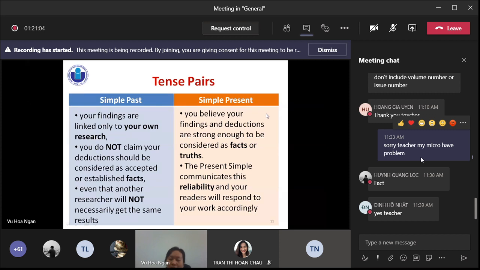and it is coincidentally the same as other papers, then you commit plagiarism. Does that make sense to you? So if you only use simple present tense in your writing, the first thing people may doubt is that your statement is too strong, right? It's too strong to believe. It is unbelievable.